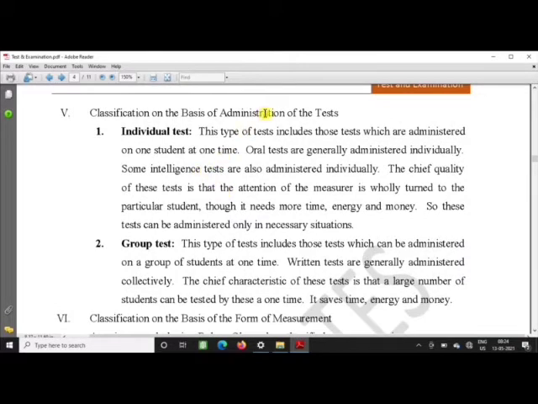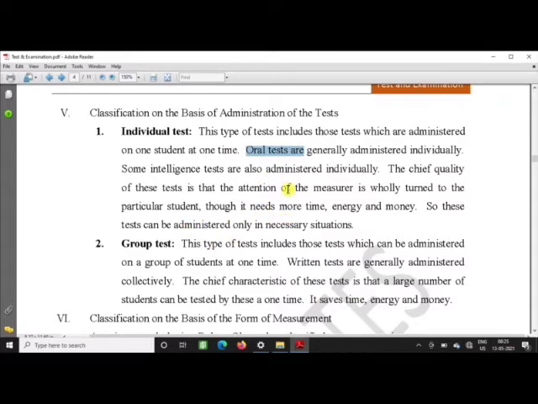So next we have classification of tests based on their administration: individual test and group test. For the individual test, the name itself suggests that the students are tested individually, one at a time. For example, an oral test.